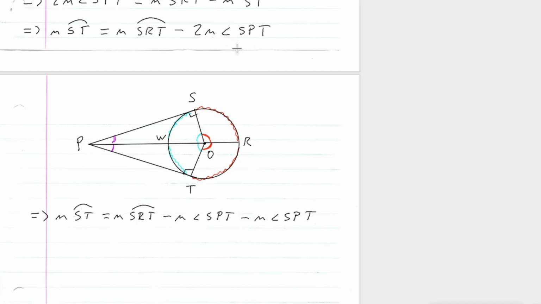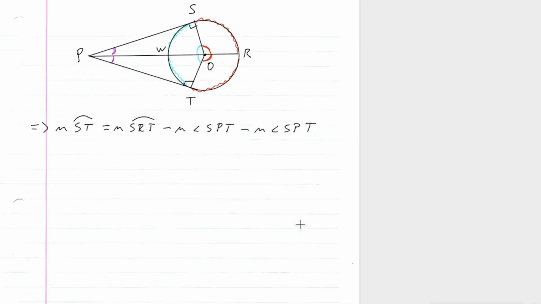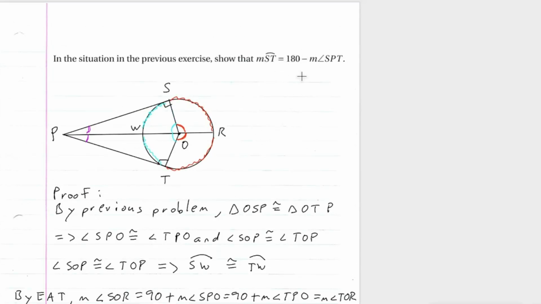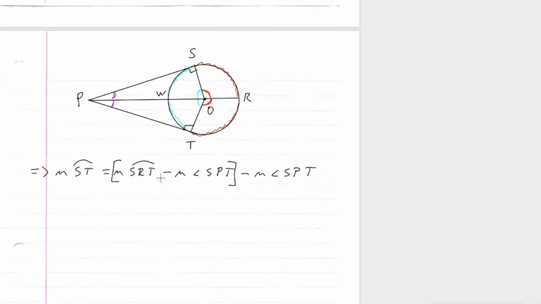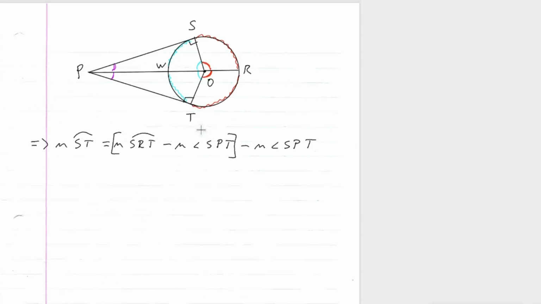Because 2 measure of angle SPT is the same thing as this minus this, right? Okay, so hopefully you guys can see that according to my equation up here, I have to somehow show that the measure of arc SRT minus SPT is equal to 180, right?